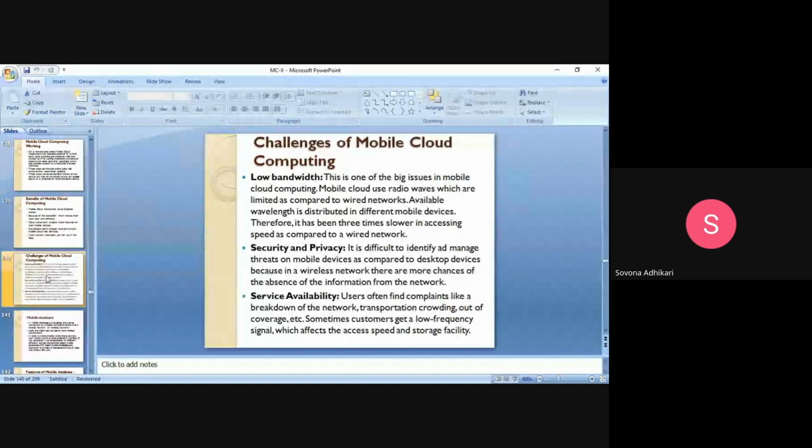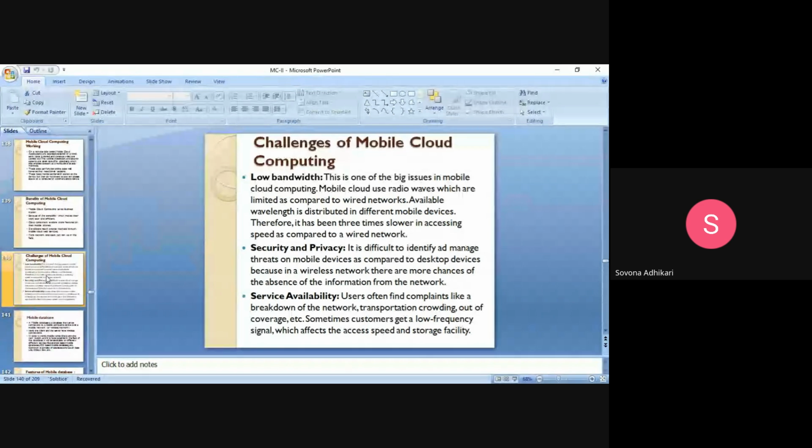With transportation crowding, data moves slowly, access is slow, and latency is higher. Out of coverage means you should be within the coverage area to access the data. If your mobile device is out of range, it is difficult to access the data.